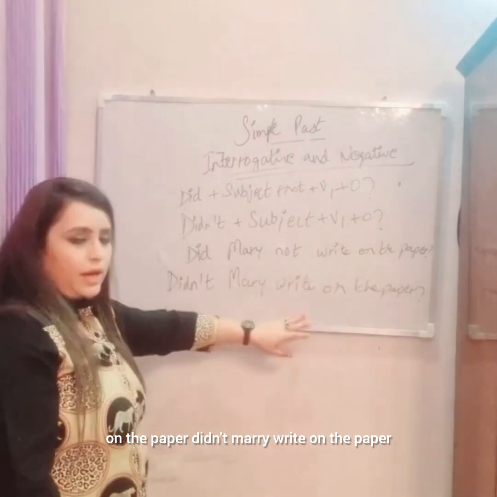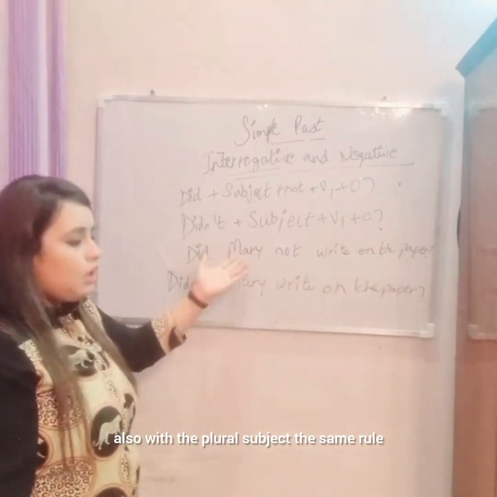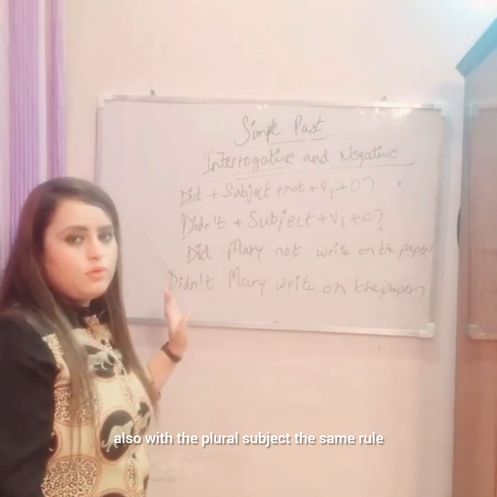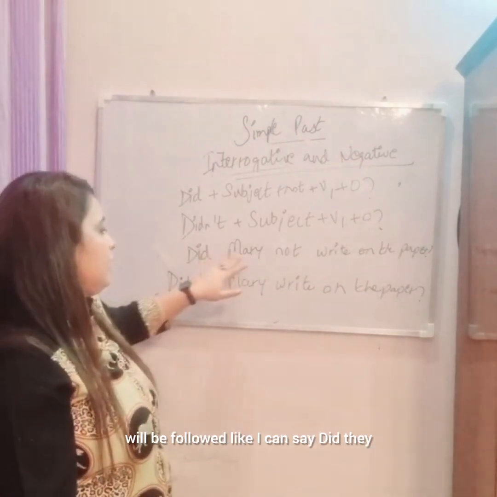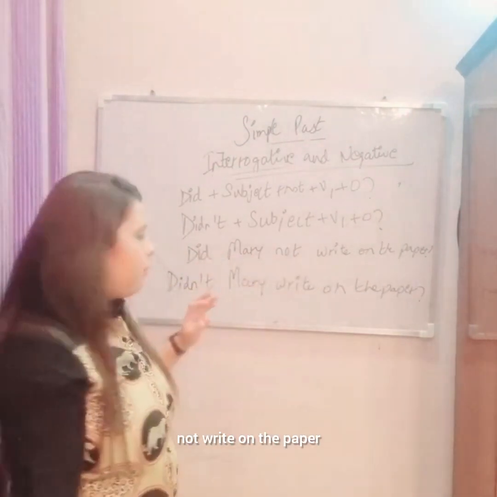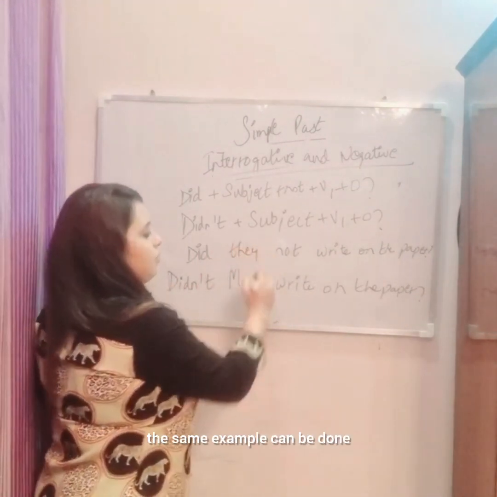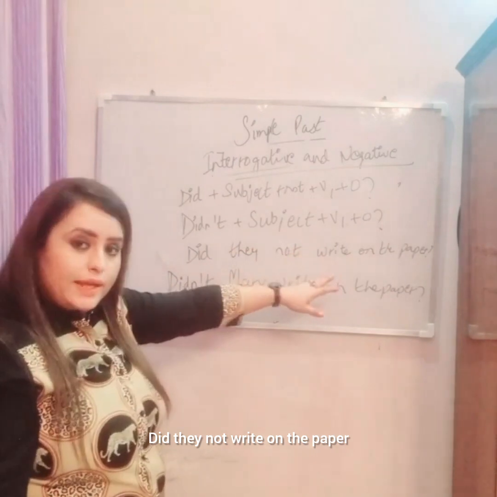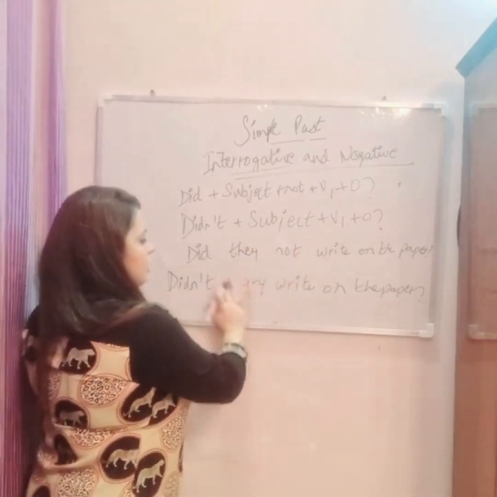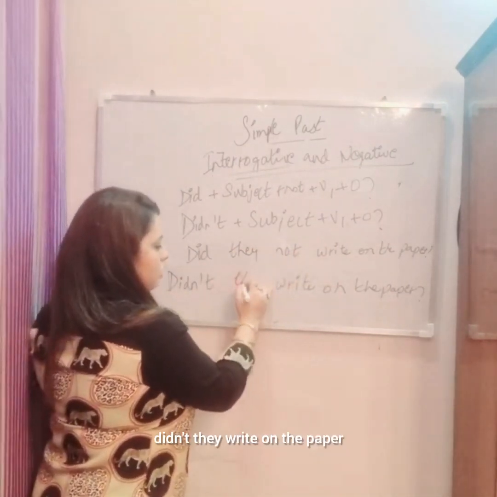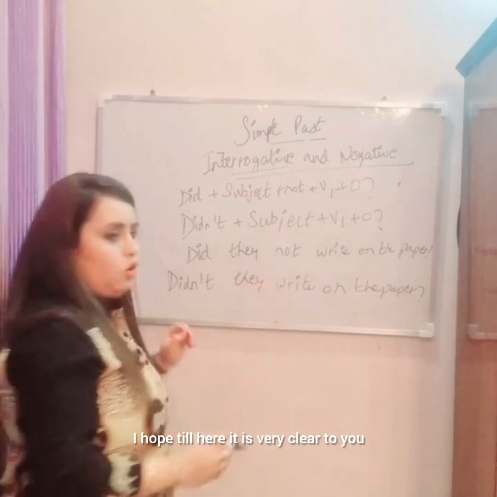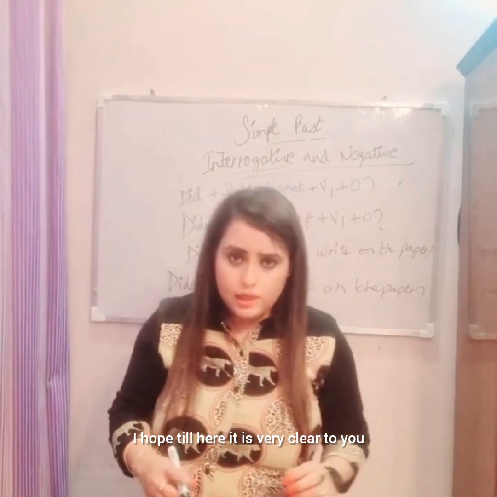Didn't Mary write on the paper? Also with the plural subject, the same rule will be followed. Like I can say, did they not write on the paper? And didn't they write on the paper? I hope till here it is very clear to you.